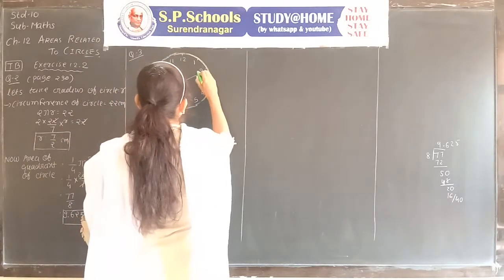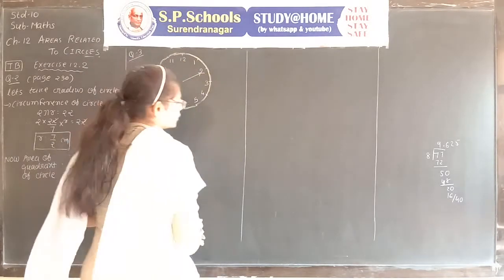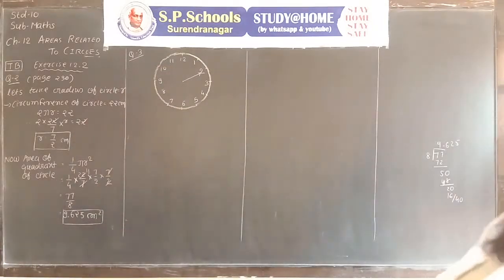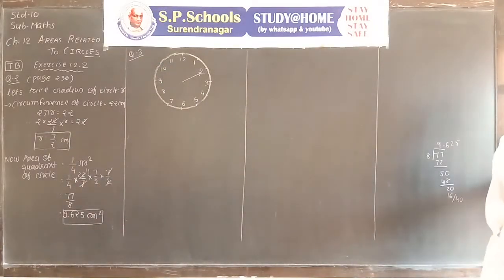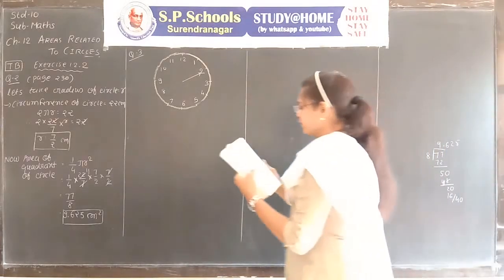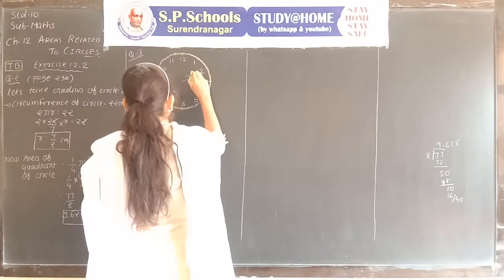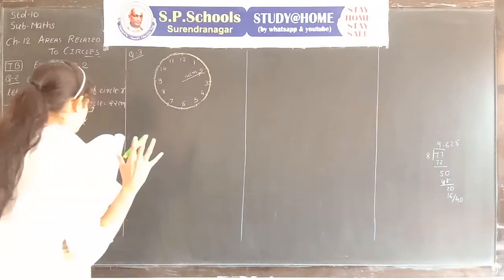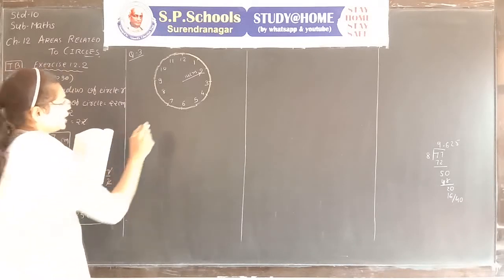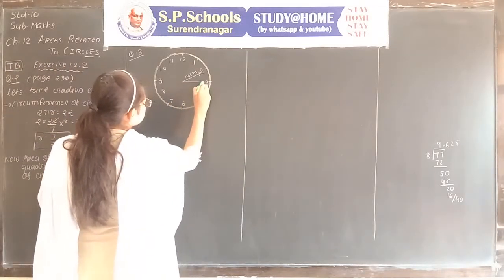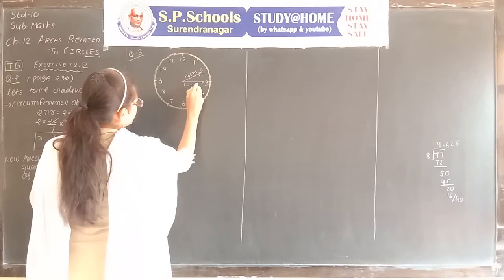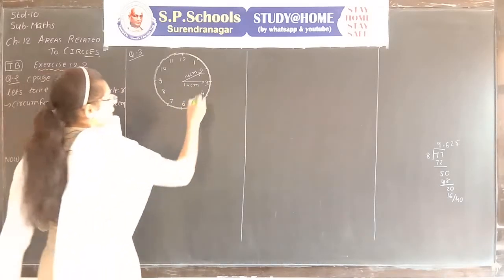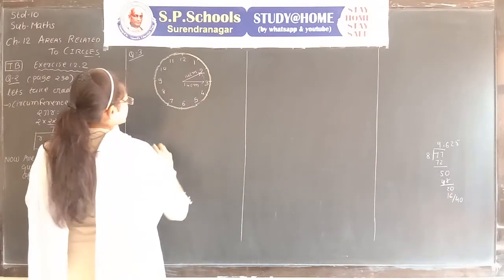Suppose at the start the minute hand is at number 2. The length of minute hand is given, 14 centimeter. After 5 minutes, minute hand is at 3. The length is also 14 centimeter. The area swept by minute hand represents a sector.